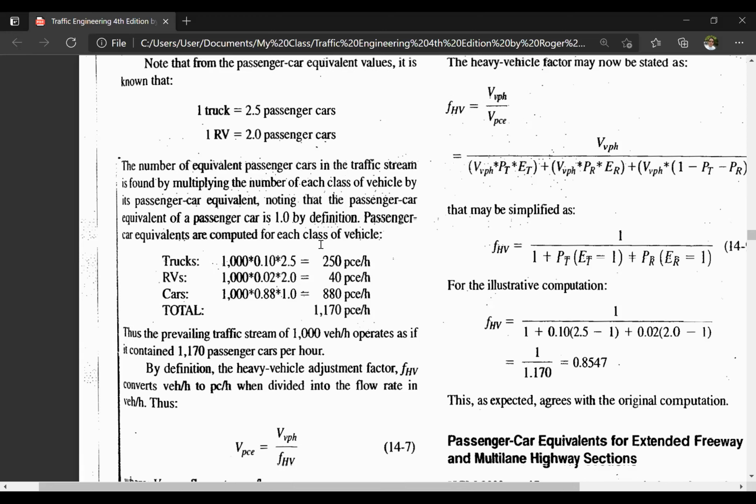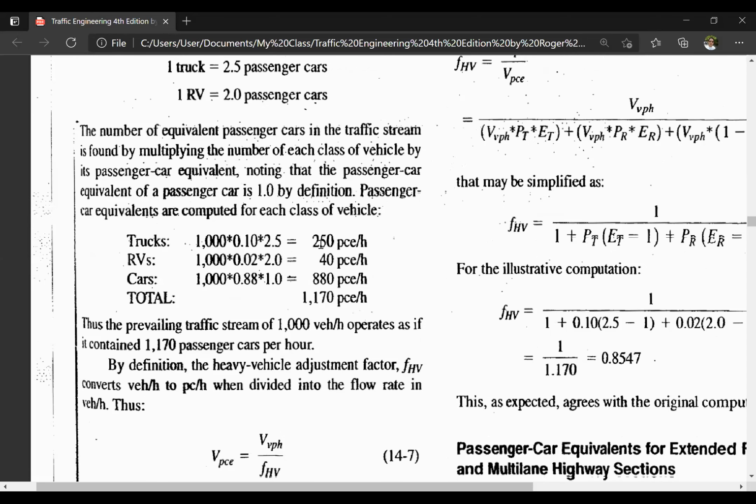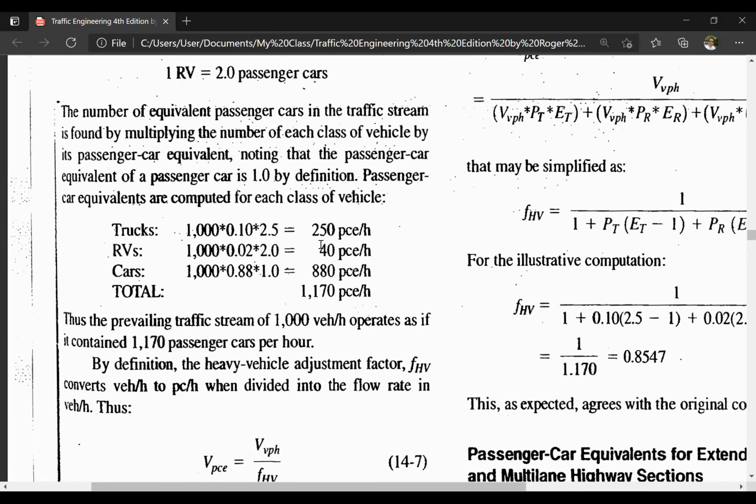So for trucks, if the prevailing traffic stream is 1,000 vehicles, and 10% of them are trucks, you can find that there are 250 passenger car equivalents in that traffic stream.